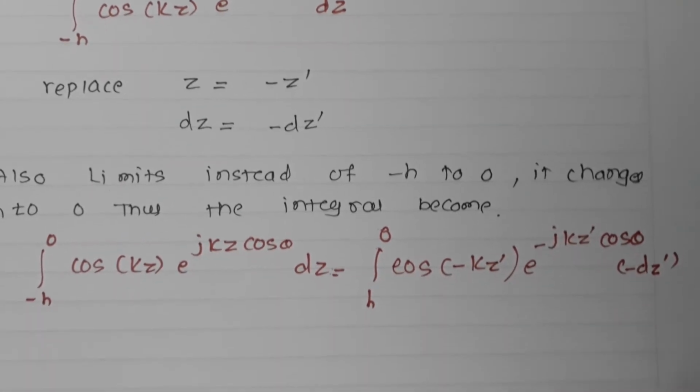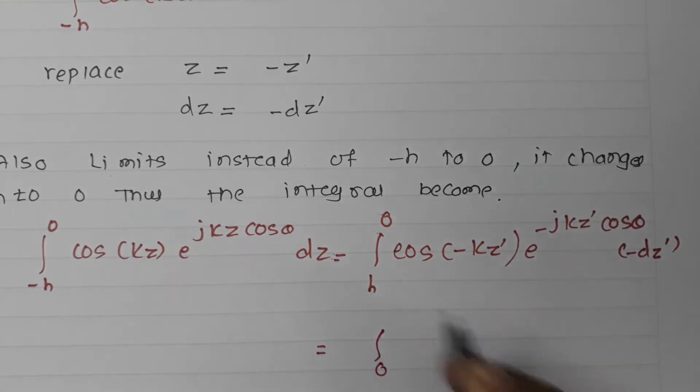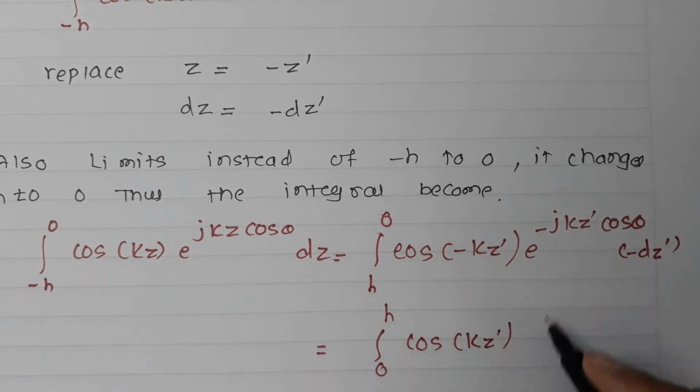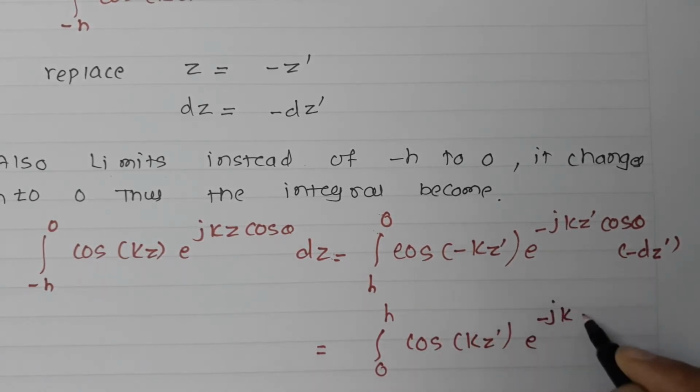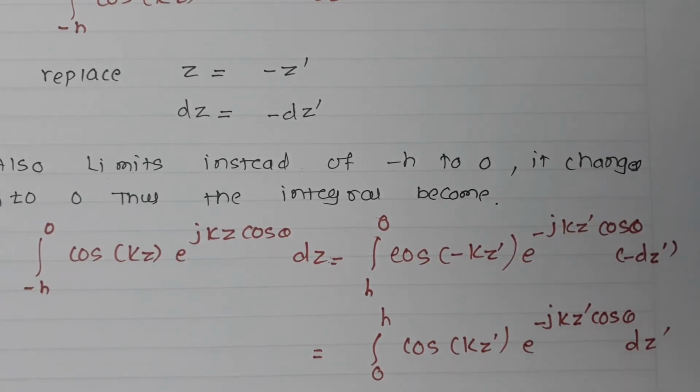Okay. Further solving this particular equation, I'll get here this is equal to the integral from 0 to h of cos of kz dash e raised to minus jkz dash cos of theta dz dash. So here I have got this particular equation. Now again I am replacing the dummy variable z dash by z.